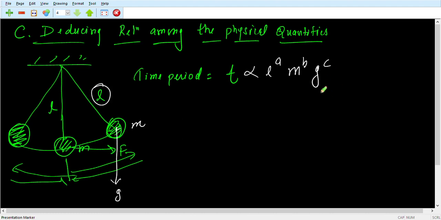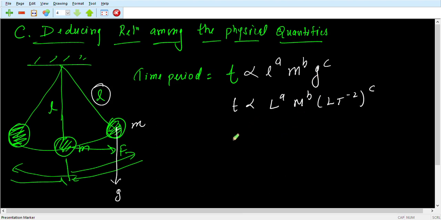But if I want to reduce these physical quantities into base quantities, this becomes L to the power a, M to the power b and L T to the power minus 2, to the power c, because L upon T squared is acceleration. So I just wrote the dimensional formula in place of the physical quantity g.